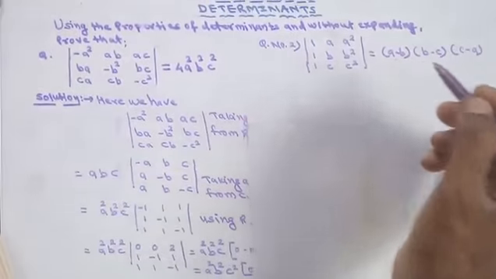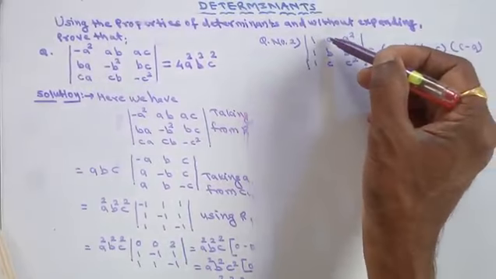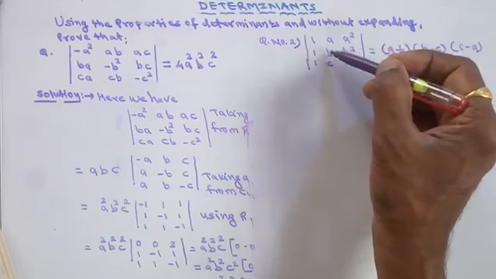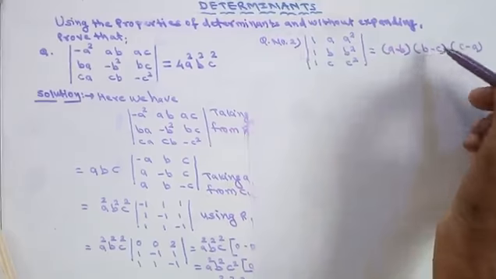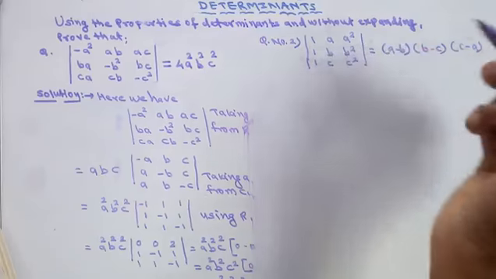As I want a minus b here, I get it from this: if I subtract r1 from r2, then it becomes a minus b. To get the factor b minus c, take the operation r2 minus r3.